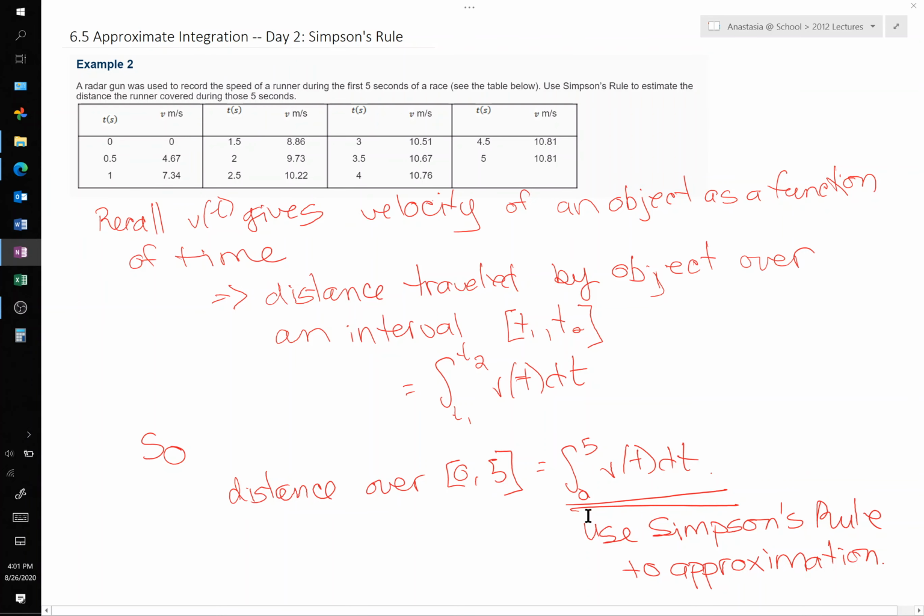So a lot of that information, the number of subintervals, the width for each subinterval, and so on, has all been decided for us already because we have to use our data points. So if we figure this out, we have 1, 2, 3, 4, 5, 6, 7, 8, 9, 10 different subintervals between 0 and 5.